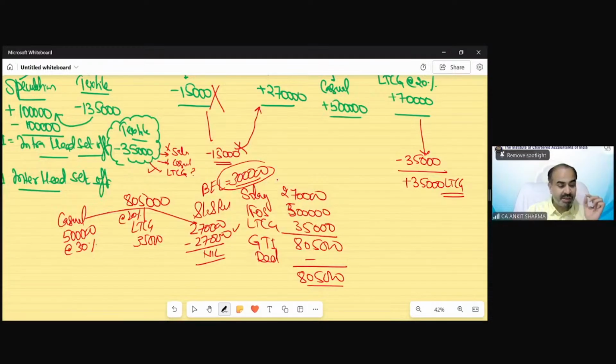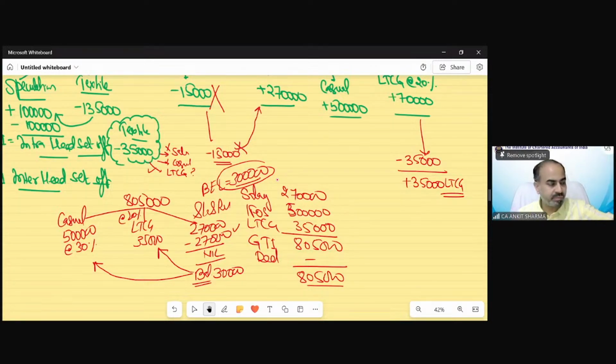So balance 30,000. Can we utilize this 30,000 balance of basic exemption limit against long-term capital gain, or against casual income, or both? Or the answer is no, we cannot utilize it against anyone. What is the correct answer?